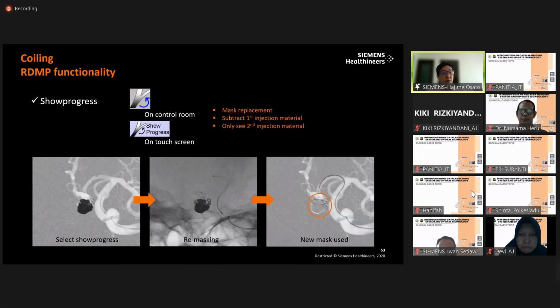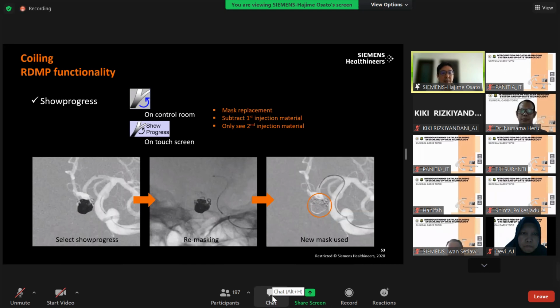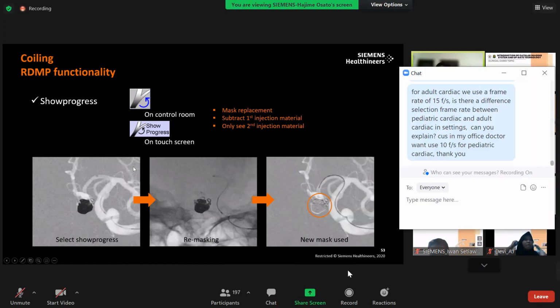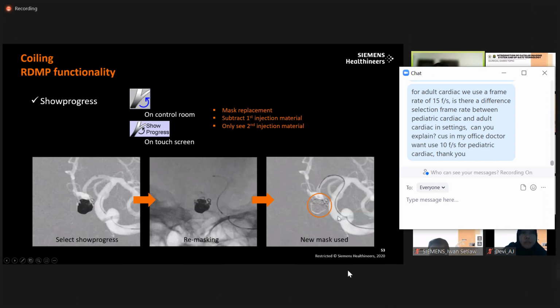If the first coil mass signal is maintained like this, the second coil signal gets buried in it. That's why the show progress function is quite useful. It only shows the currently controlled coil.